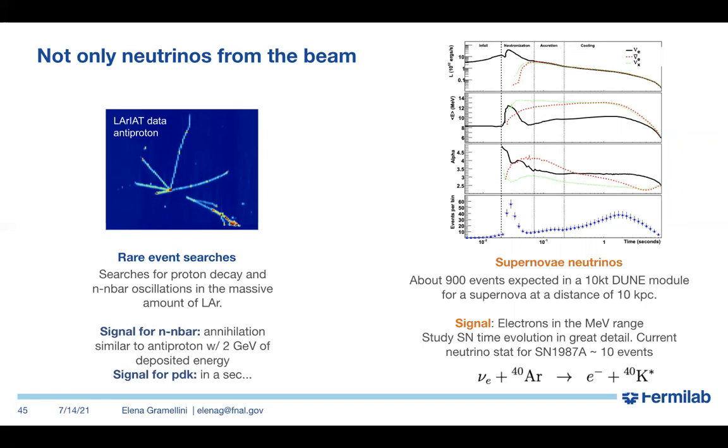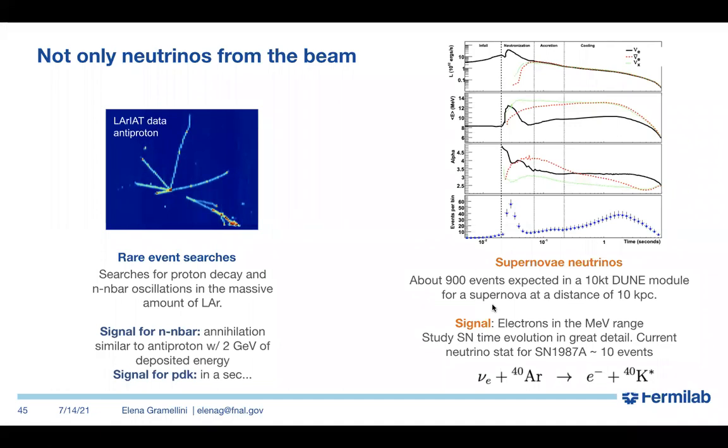Our Dune far detector is going to be in a mine, which means there are no cosmics, there are only atmospheric neutrinos and solar neutrinos. And it's going to be very quiet. There's no other activity in the detector but the neutrinos that we're sending, and eventually some non-beam physics that nature is going to send us.